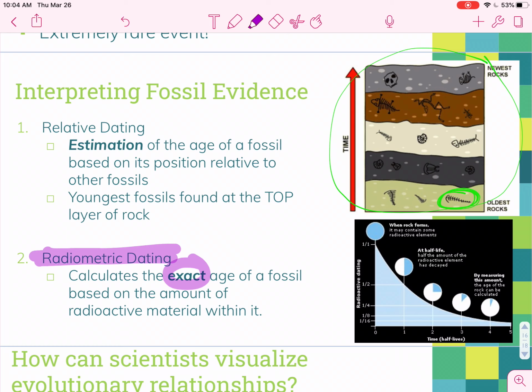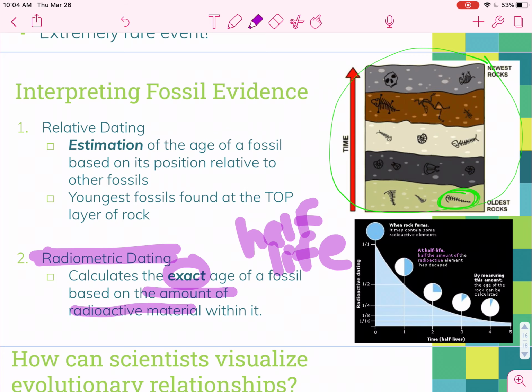First, we have to know the amount of radioactive material that's in the fossil, and then we have to know the half-life of the radioactive element, in order to guess an age of a fossil.